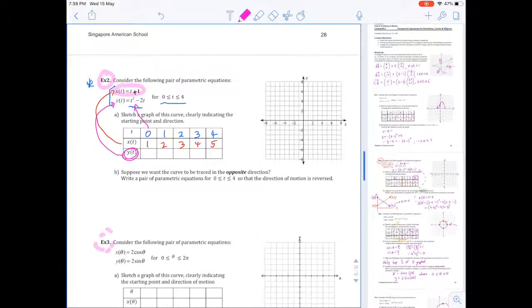Subbing 0 in here produces 0. Subbing 1 in produces minus 1. Then we have 0 again. This time I'm subbing t equals 3, so 3 squared is 9, minus 6 gives me 3, and lastly I sub in 4 squared, 16 minus 8, which gives me 8.